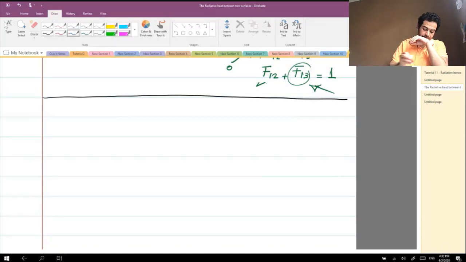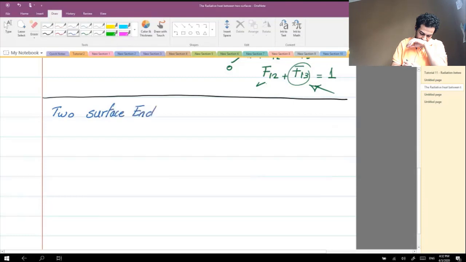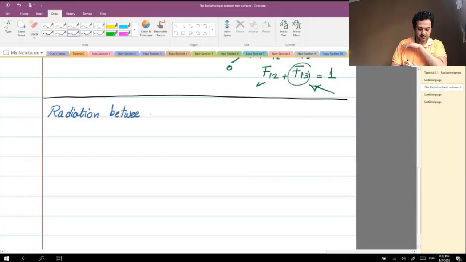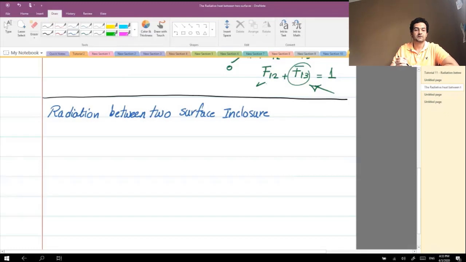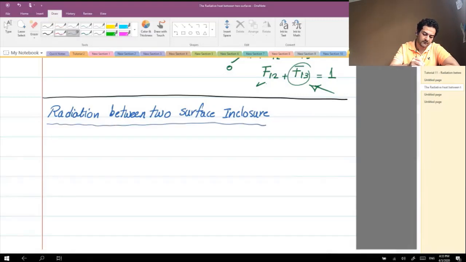It's a special case, the radiation between a two surface enclosure, where one surface is surrounding the other surface, or one surface is receiving all the heat from the other surface.